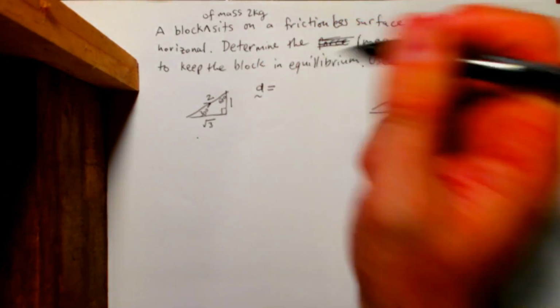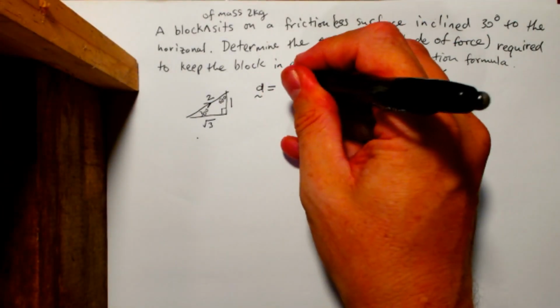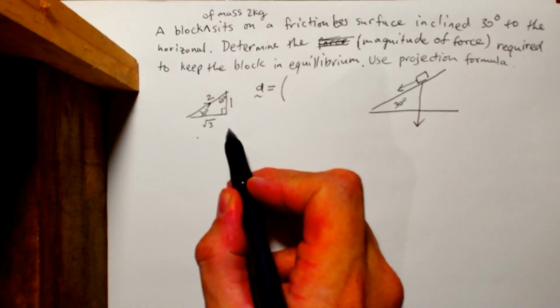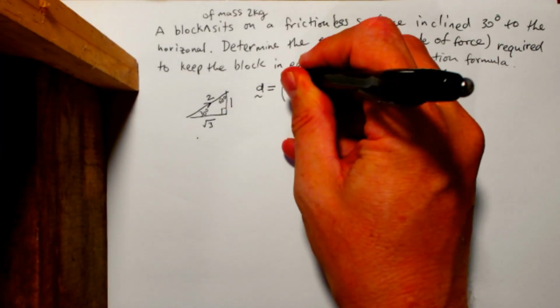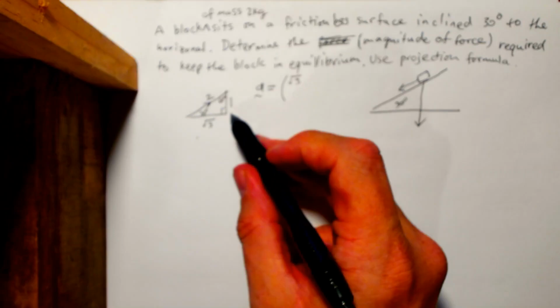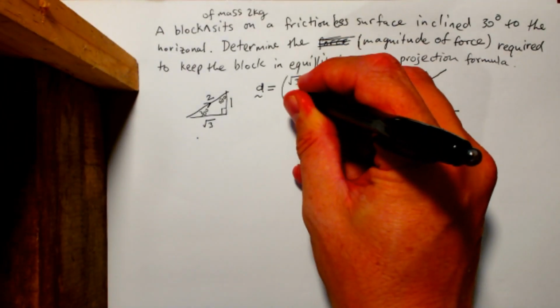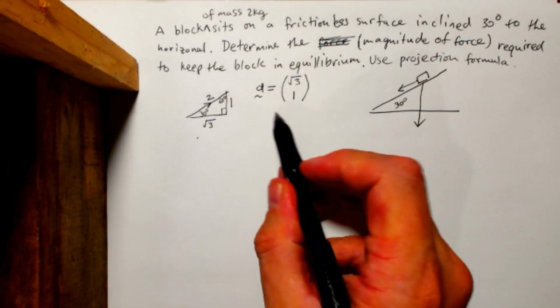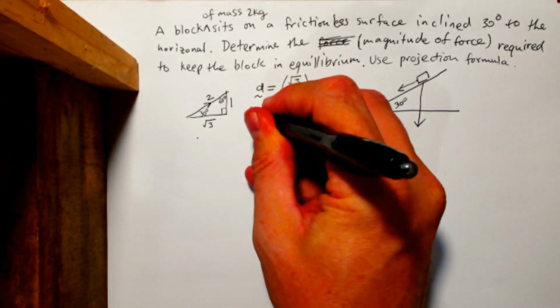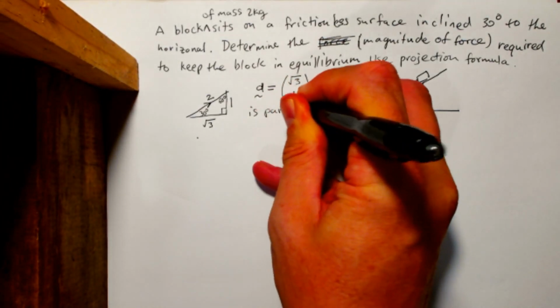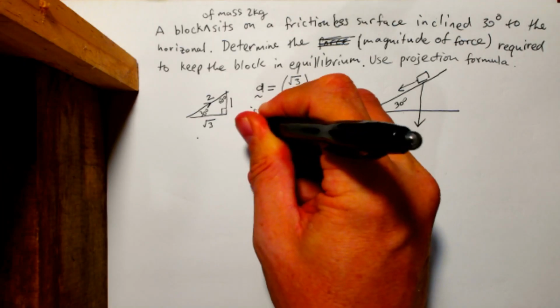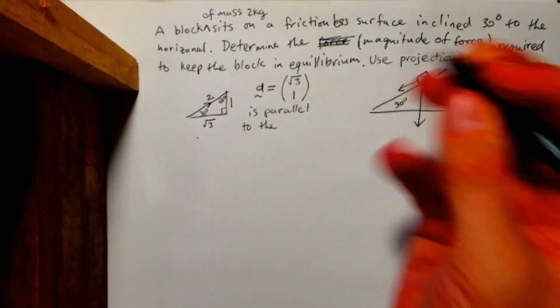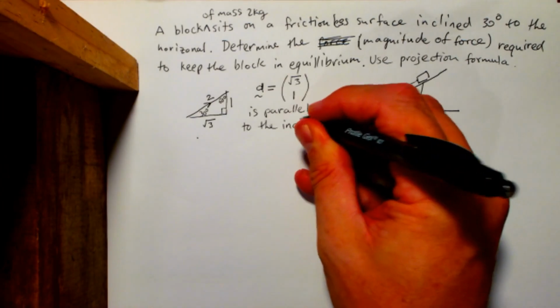So A equals the vector, I go root 3 in the x direction, so root 3, and then 1 in the y direction. Okay, now this vector is parallel to the inclined surface.